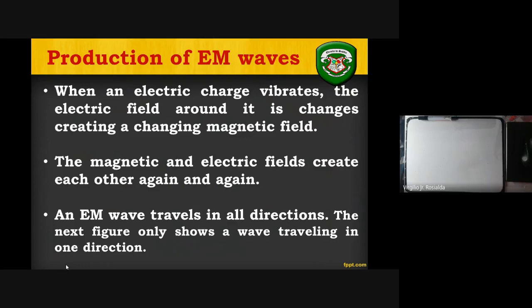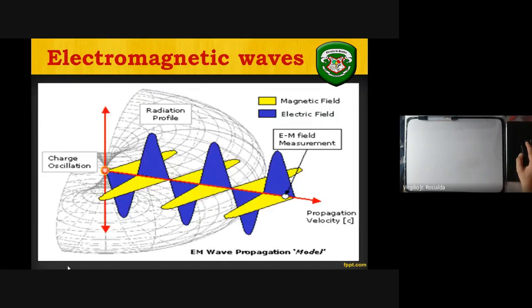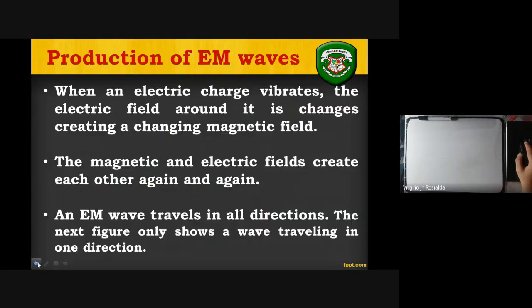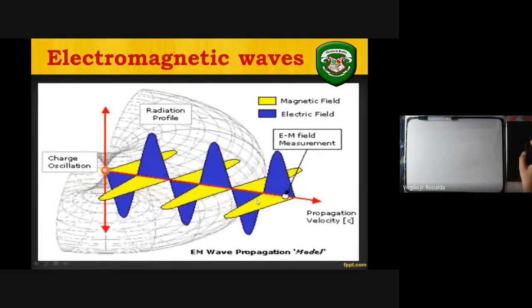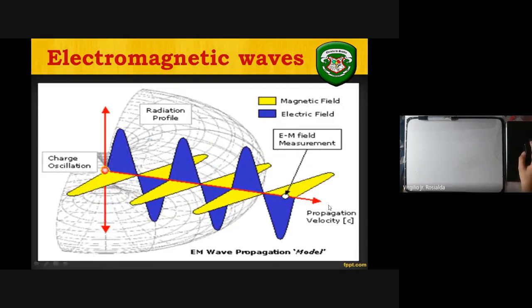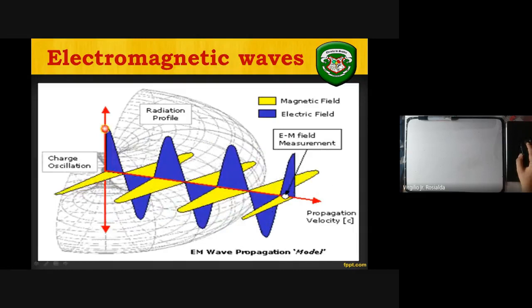An EM wave travels in all directions, but our illustration here only shows a wave traveling in one direction. So, pa-straight lang siya. Pero the actual electromagnetic waves are traveling in all directions kasi wala silang restriction pagdating sa direction.